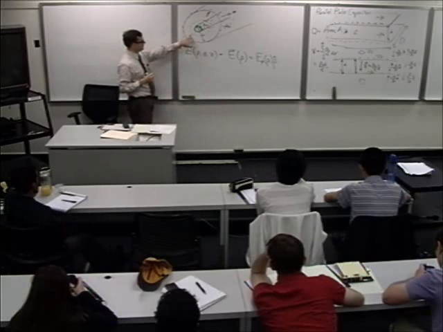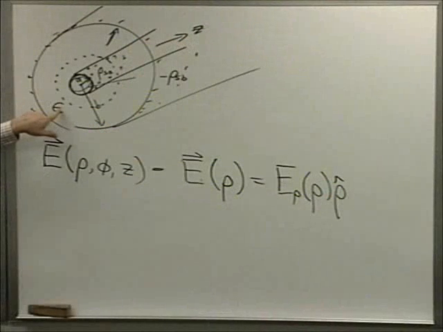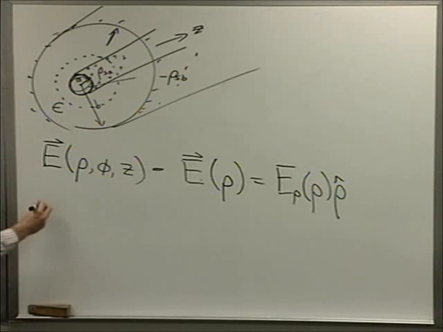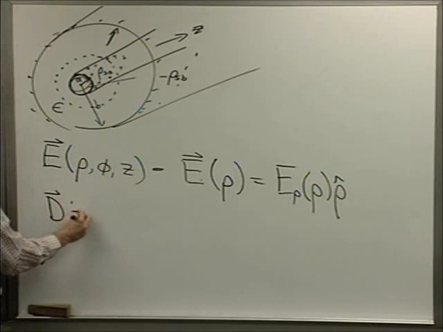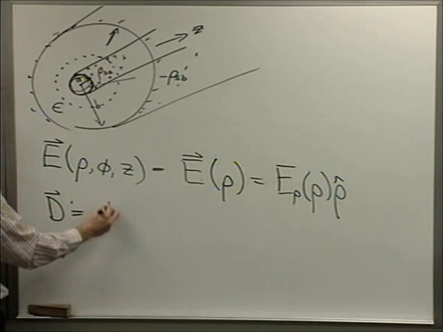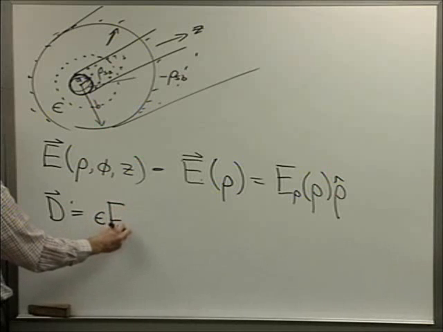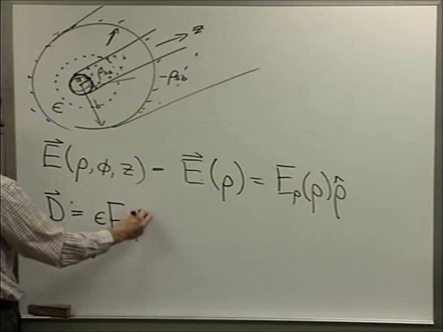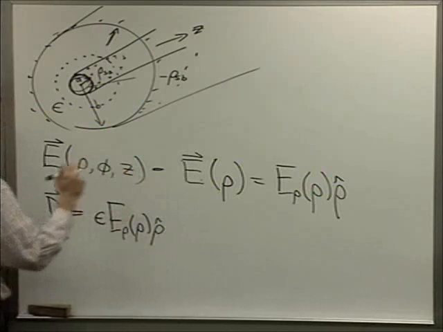I'm in a material that has epsilon dielectric permittivity. So my D field within that area is going to be equal to epsilon E rho as a function of rho, stick it on the rho hat.